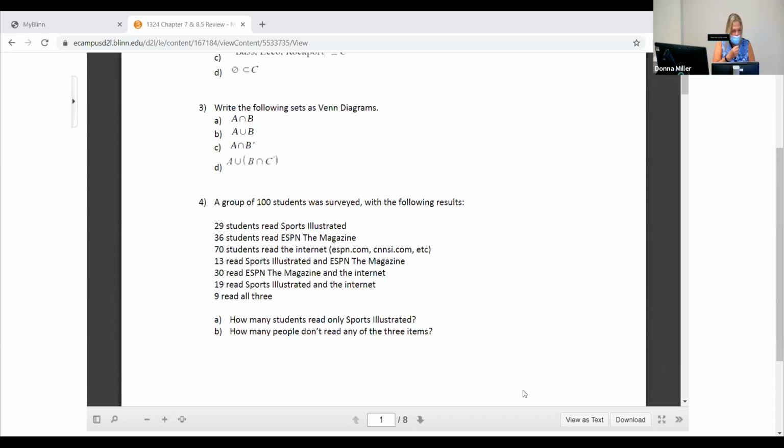I'll write the problem on the board. Let's do that. Okay. So you have 100 students surveyed, so that's your total, right? And you have 29 students that read Sports Illustrated. I'm just going to write SI for Sports Illustrated. 36 students read ESPN, the magazine. 70 students read the internet. 13 students read Sports Illustrated and ESPN.